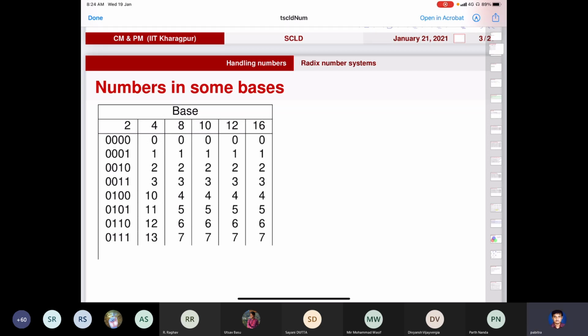In base 10, you can see it's from 0 to 7, whereas in binary, you need 4 digits, from 0, 0, 0, 0 to 0, 1, 1, 1. Base 4 can have only the digits 0 to 3, so the numbers 4 onward need 2 digits: 0, 1, 2, 3, then 10, 11, 12, 13. You need 2 digits.